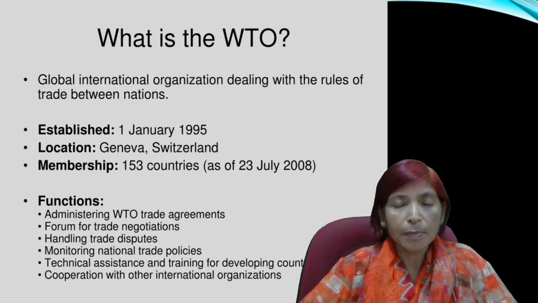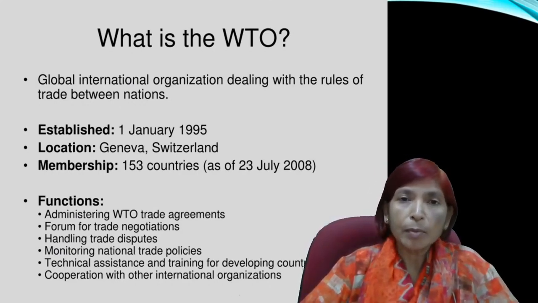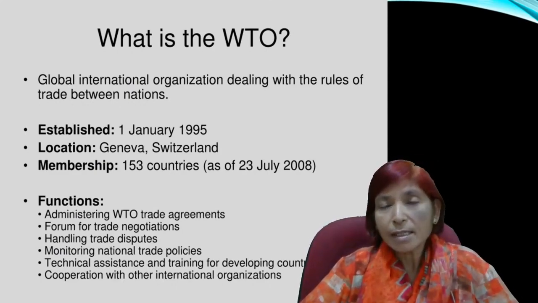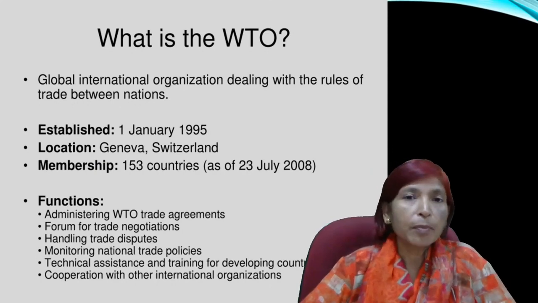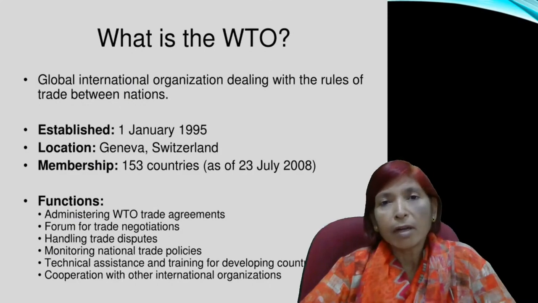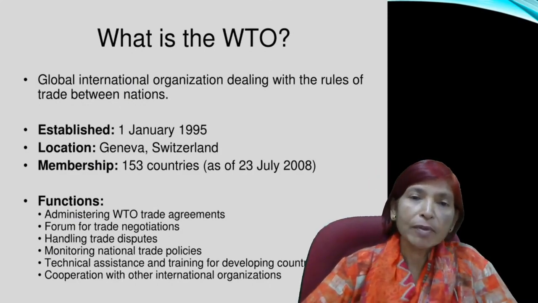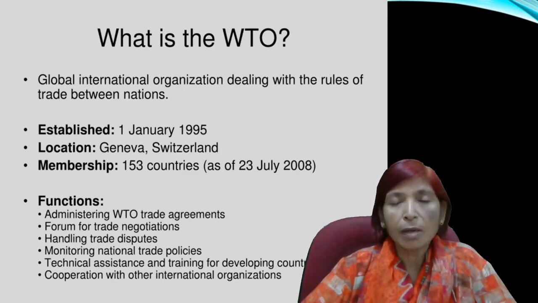WTO has established a dispute settlement board which solves the problem of disputes that arise among different nations while doing international trade businesses. It also monitors national trade policies, provides technical assistance and training for developing countries, and cooperates with other international organizations. So these are the main functions of WTO.